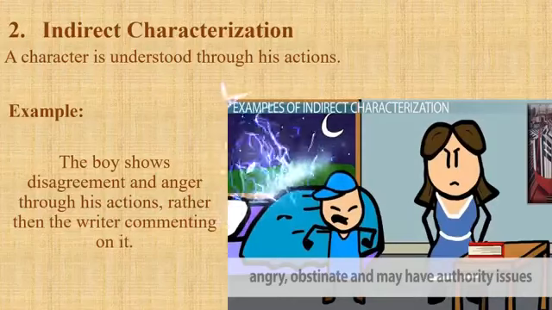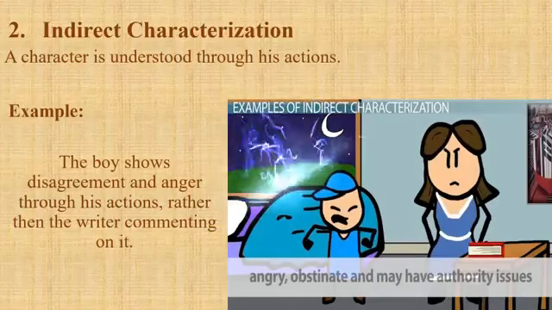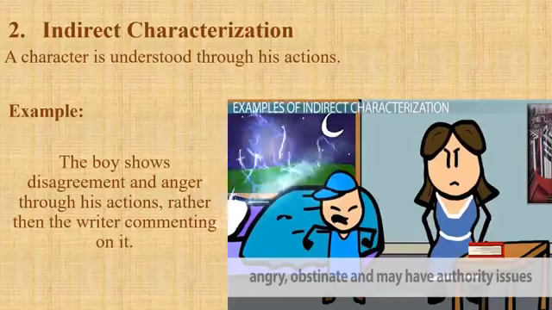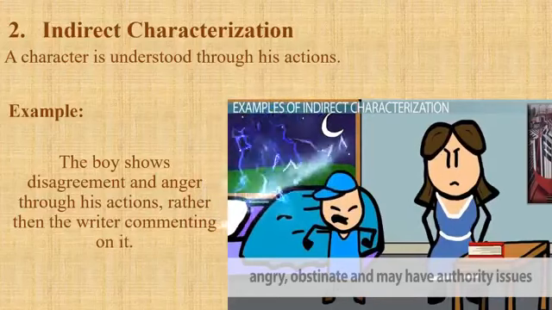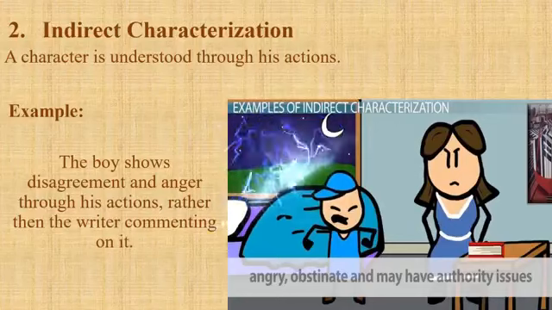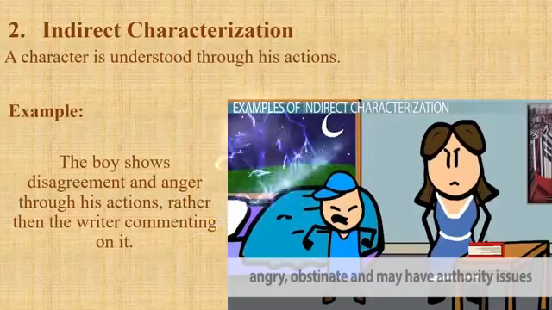Moving forward with the second category, which is the indirect characterization. And also, as I have said before, this category uses the method mentioned earlier. In the indirect characterization, the narrator does not explain the nature and traits of the character. The nature and personality of a character is revealed by the character's actions in the story.